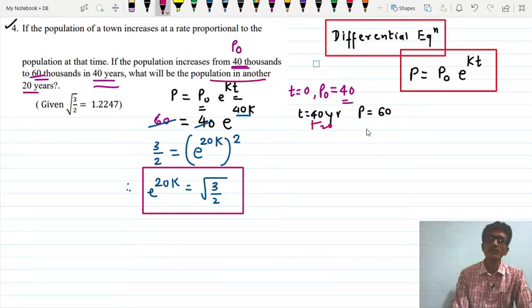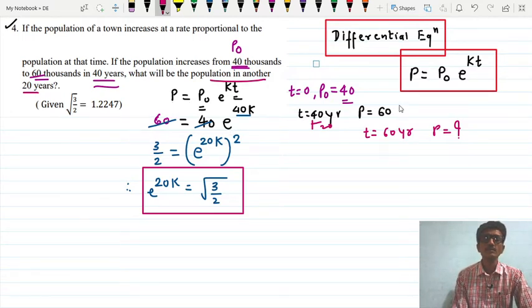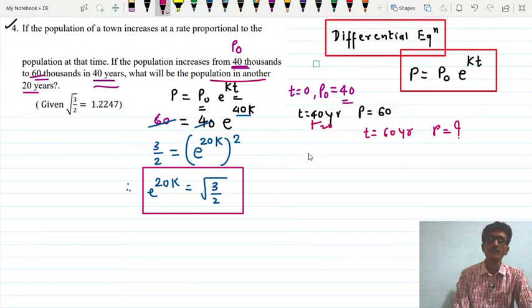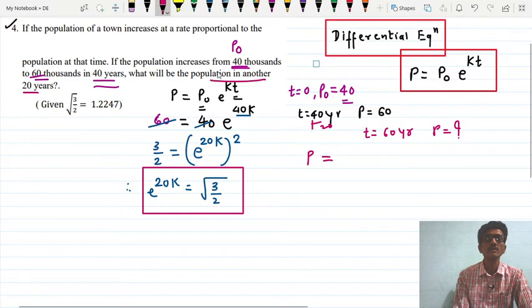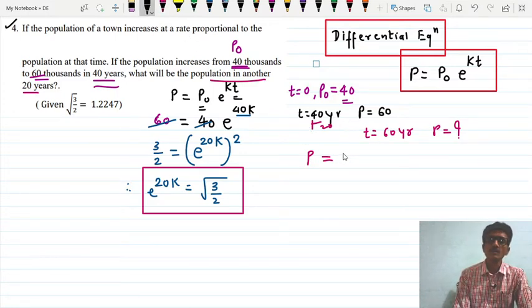So when time t is equal to 60 years, we are asked to find the population P. We apply this equation: population P is equal to P0, which is 40,000, into e raised to power K into 60.